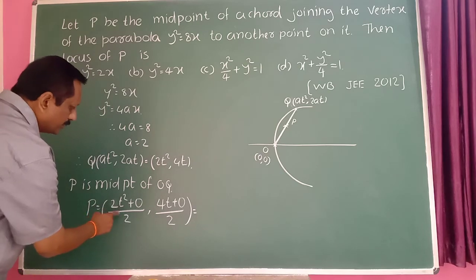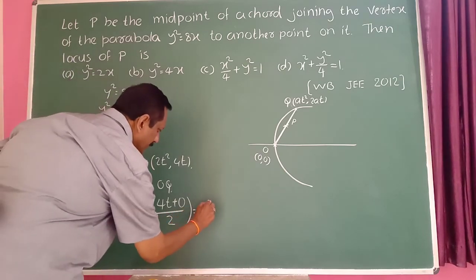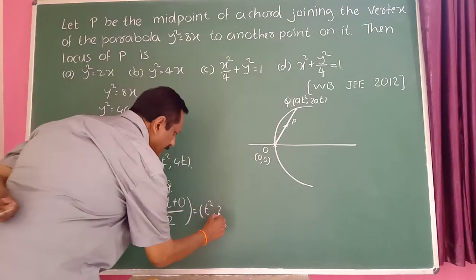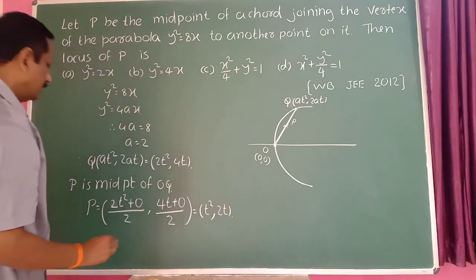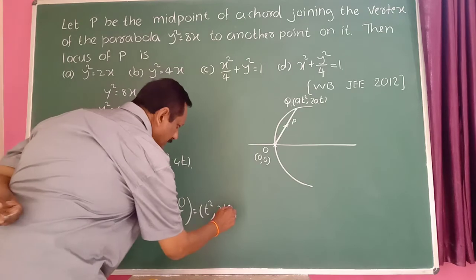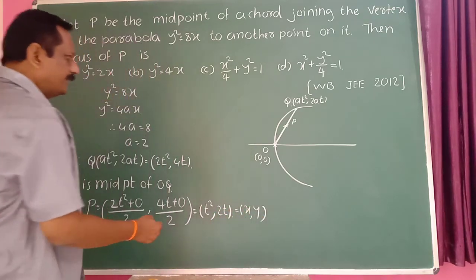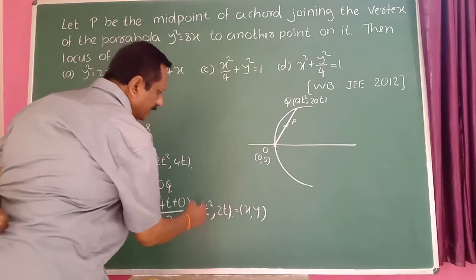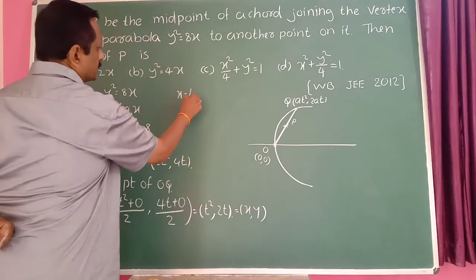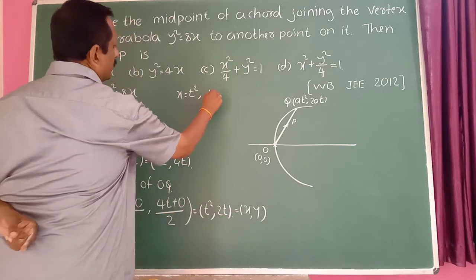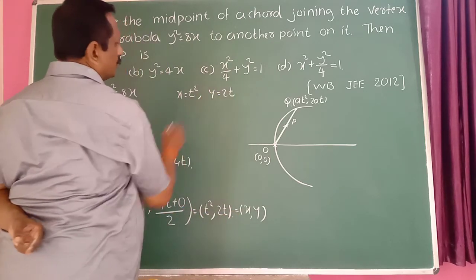So 2 cancels, remaining is t square here, and here 2 twos are 4, 2 cancels, remaining is 2t here. Therefore take this one as x comma y. Therefore x is equal to t square here, and y is equal to 2t.